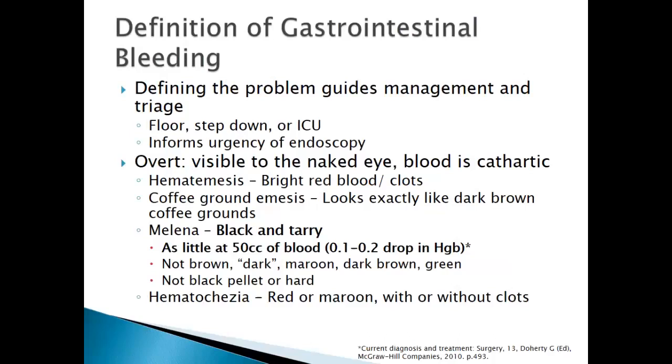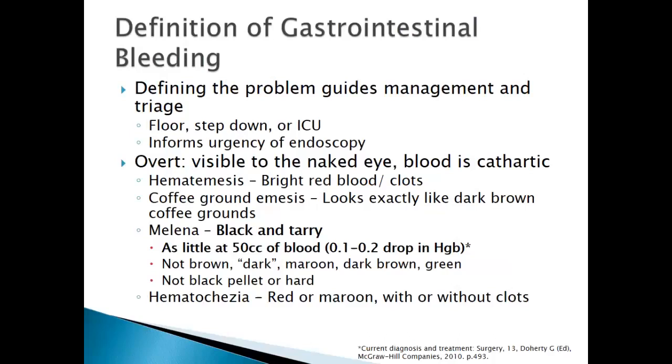And you'll see melena with as little as 50 cc's of blood. So if you have a tiny 0.1, 0.2 gram drop in hemoglobin, you'll see melena. So if you don't see that, and you're trying to explain an acute anemia, it's going to be difficult to explain that if you don't see the melena.